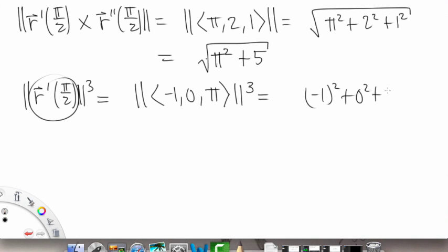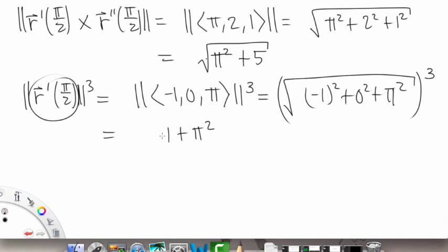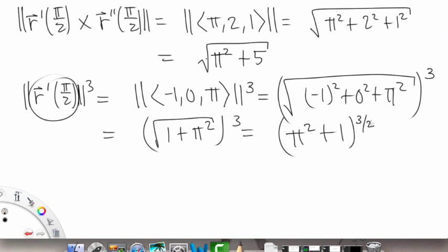Negative 1 squared plus 0 squared plus pi squared, square root it, and then we have this 3 on the outside as an exponent. So this is going to be 1 plus pi squared, square rooted, but then to the third power. Another way we could write that is pi squared plus 1, and we'll combine those and write 3 over 2 as the power. Okay, so this is the bottom half.